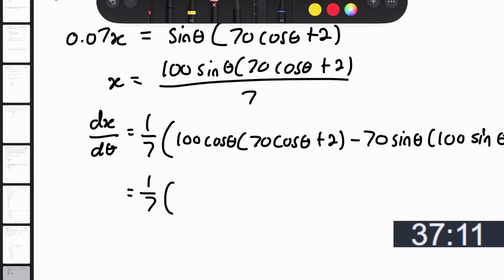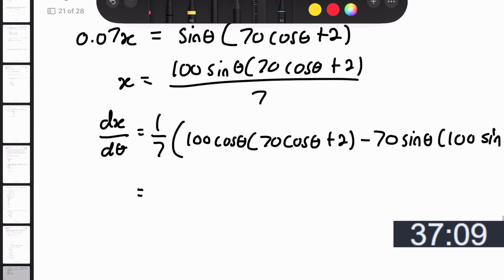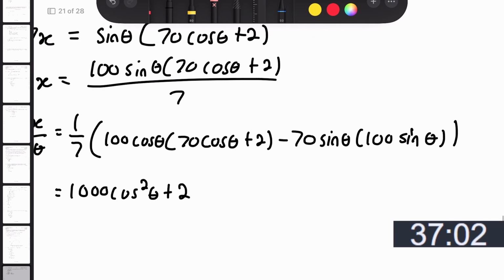So it's just going to be 1000 cosine squared of theta plus 200, or plus 200 cosine theta, minus 1000 sine squared of theta.